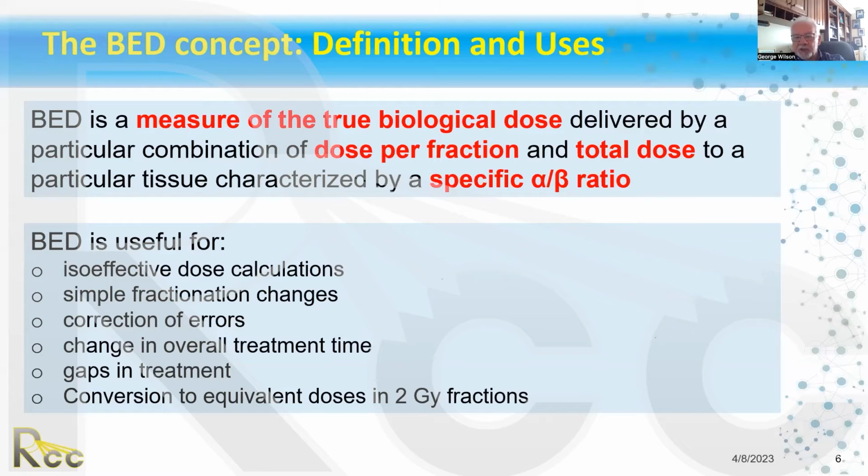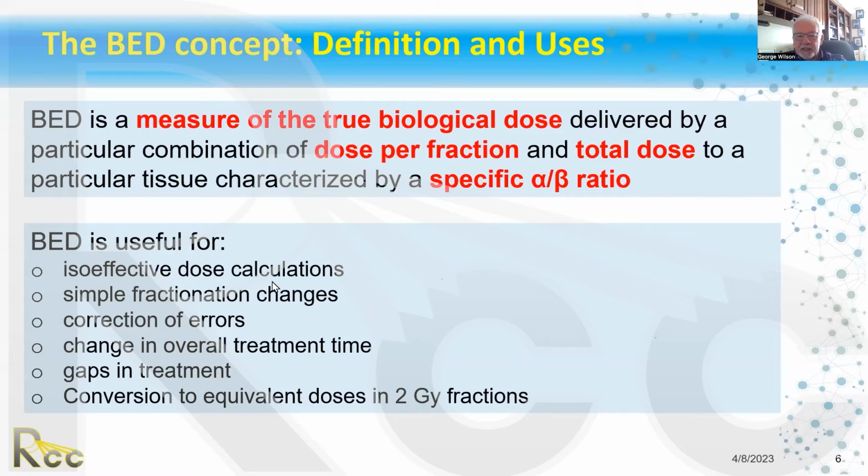The alpha beta ratio is low. For rapidly dividing normal tissues like oral mucosa, the alpha beta ratio is much higher because the curve is not so bendy. So it's really taking into account the shape of the cell survival curve and the sensitivity of that tissue to radiation.